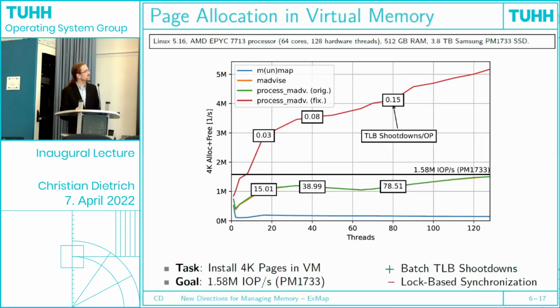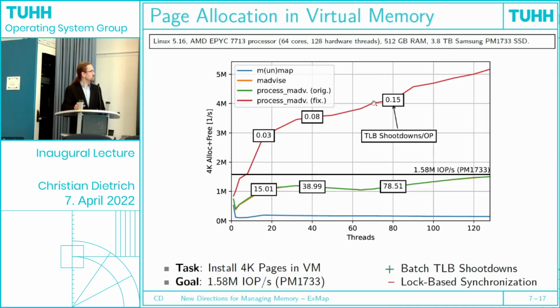And so we did a little bit of an experiment. We have some kind of mapping in our virtual memory, and without doing any input-output with the disk, are we able to install and remove physical pages from the virtual memory surface fast enough to even match the speed of our devices?